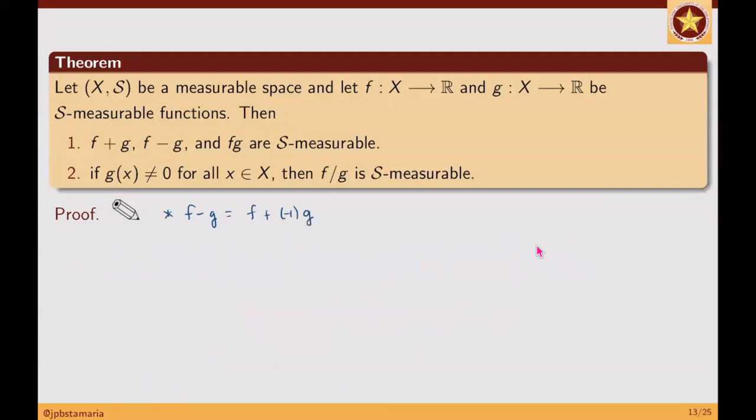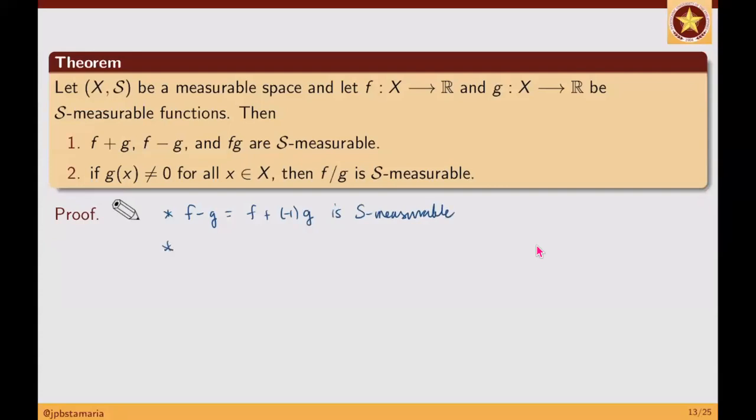Si G ay S measurable. Sabi natin nung nakaraang example, if you multiply a constant to an S measurable function, this is S measurable. No? Ang sum ng dalawang S measurable is S measurable. So this is S measurable. So tapos na tayo sa F minus G.